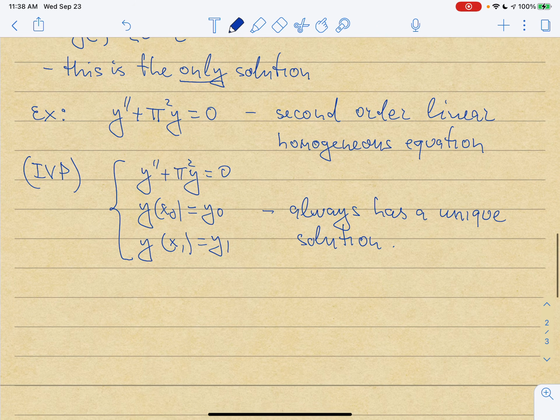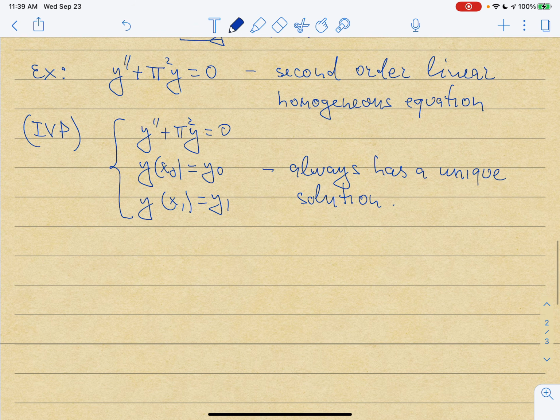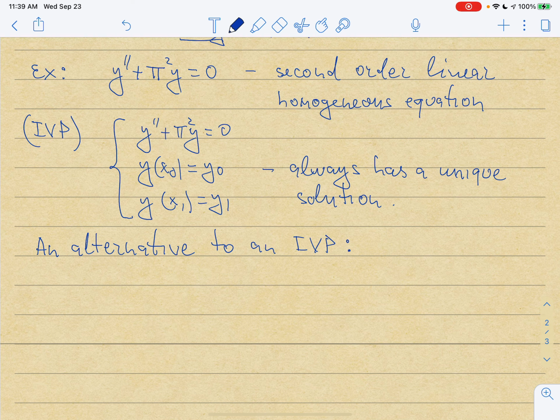All right, but then an alternative to IVP, you may or may not recall that we have already discussed this, is going to be this. I can try to prescribe my two conditions not as a function and a derivative at a single point, but I can prescribe the value of a function at two different points.